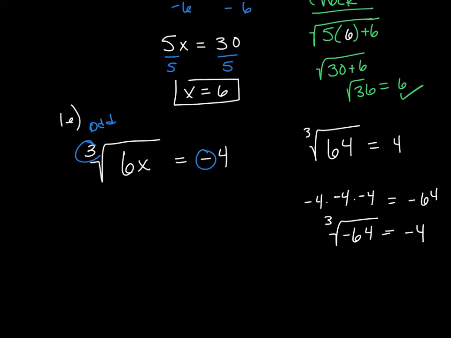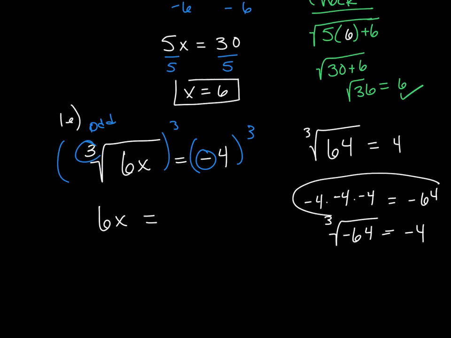But it's still going to be the same first step. I still want to go ahead and cube both sides. Just watch your signs when you're doing this. You get 6x is equal to, and again, we did this before, negative 4 to the third power is negative 64. And I just divide both sides by 6.